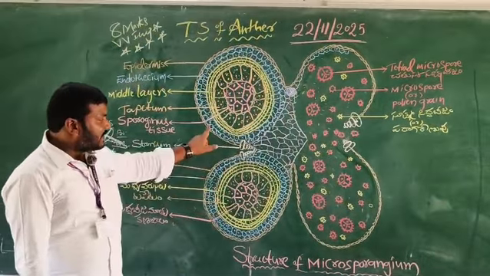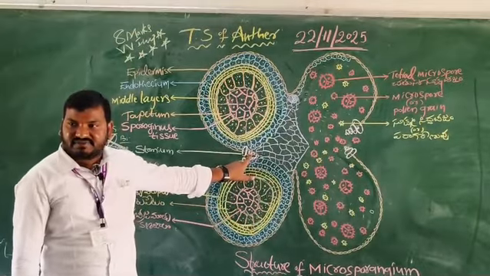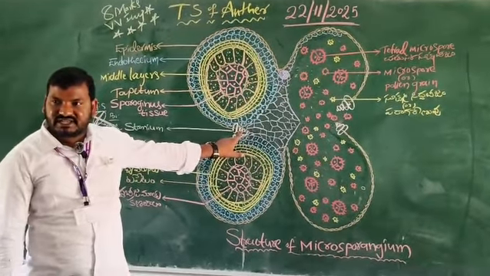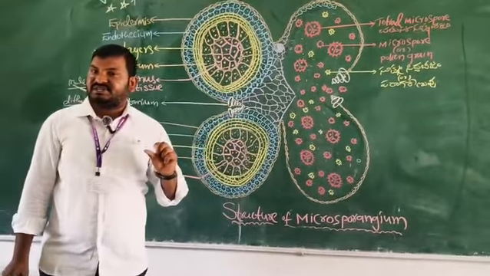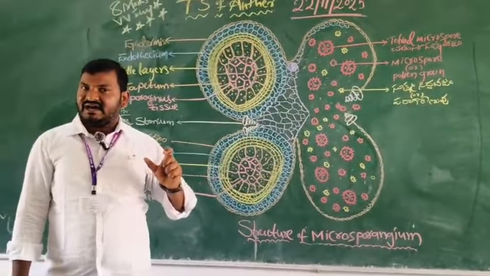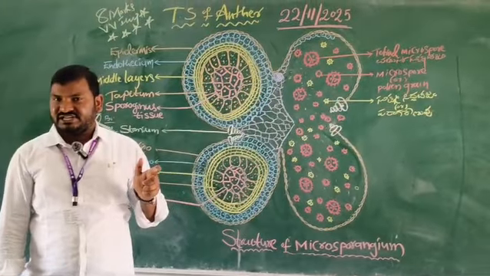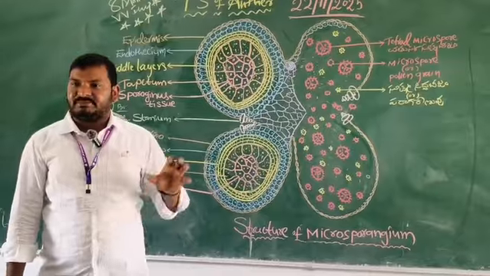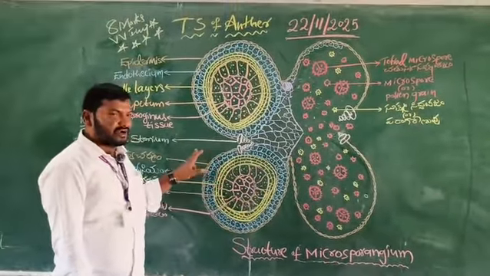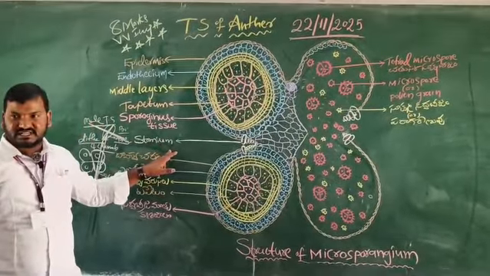But the epidermis at the corners of the microsporangium is present with specialized, large, fan-shaped cells known as stomium cells.